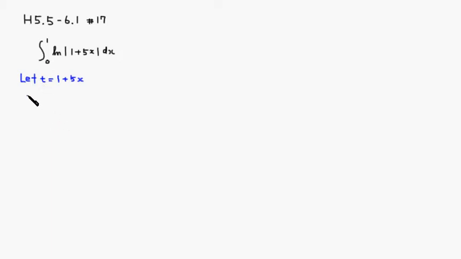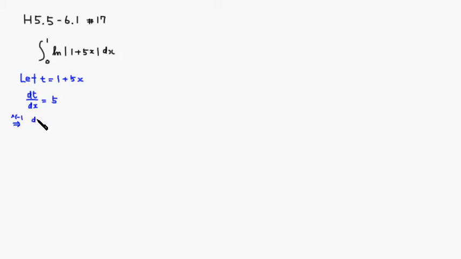All right, so take the derivative of t with respect to x, which is going to give you the derivative of 1 is 0, derivative of 5x is 5. And since we want to isolate dx, I'm going to take the reciprocal of both sides.